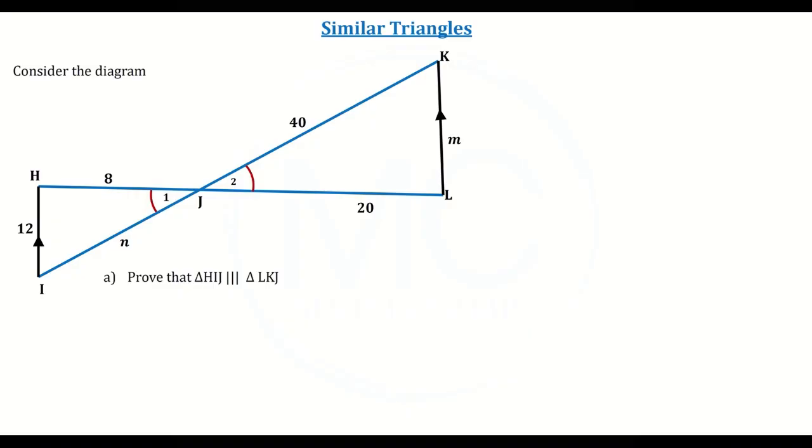You do not need to write the words statement and reason at the top of your answer. This was just for explanation purposes. Just make sure that you give a reason for every statement that you make. So now we can say angle J1 is equal to angle J2 because these are vertically opposite angles.